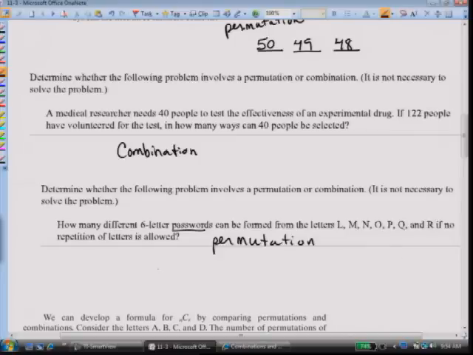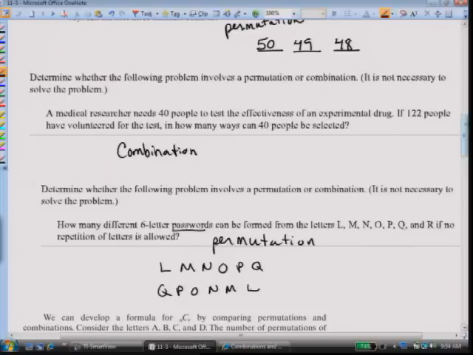But if you're talking about passwords, if you did L, M, N, O, P, Q, and then if you did Q, P, O, N, M, L, those are 2 different passwords, right? Even though they're using the same letters. Same combination of letters, but the order is mattering, right. The letter combination is a group, but the order matters.